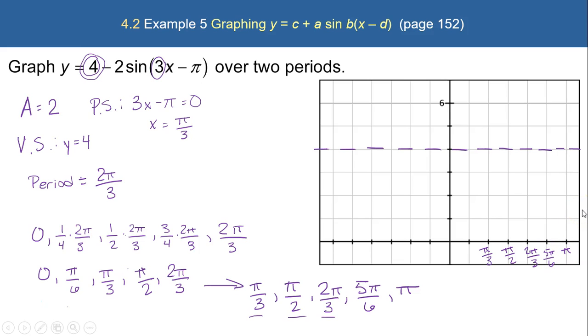Okay, now on this graph, do exactly what we've been doing before, which is plug in each of these as your x values into your function and evaluate. So whenever we plug in pi over 3 in for x, we should get 4, which is right on that vertical shift. Right there. And then pi over 2, we go to 2.